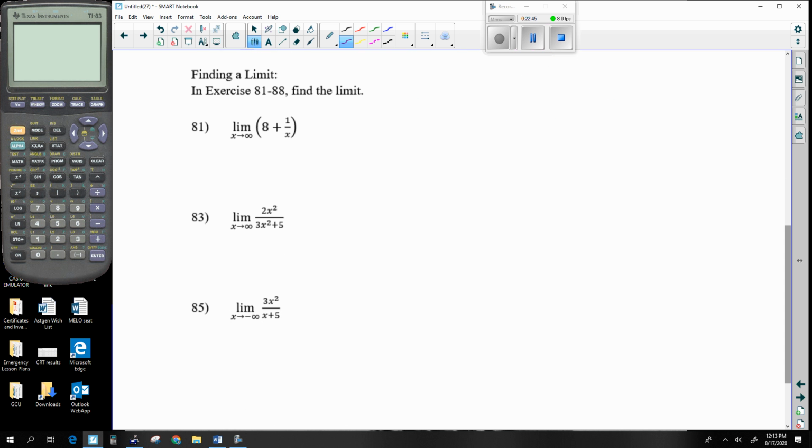Okay, find the limit as this goes to infinity. So again, I will get a common denominator. This is 8x plus 1 over x. So in this situation, when you have a limit that goes to infinity, you get to ignore all the things that don't have x's, and then you simplify.